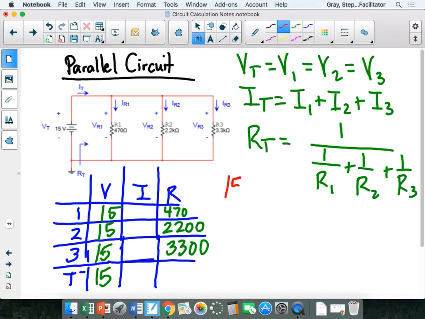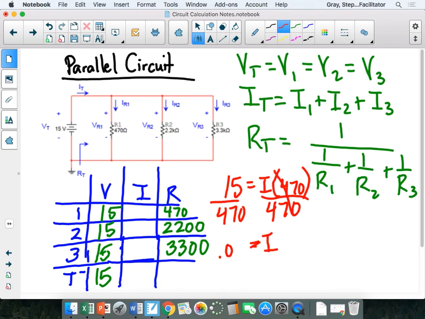So 15 equals I times 470. So divide by 470. So it's 0.03. And then this one will be 15 divided by 2,200, right?